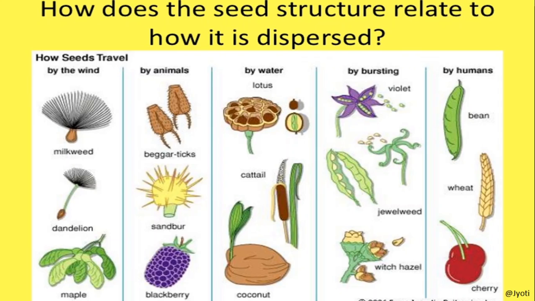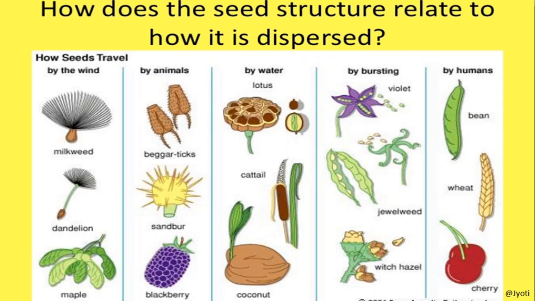Actually these are the seeds or fruits of some plants which have a hook-like or spine-like structure, by which they stick to our cloth, and when we remove them, they get dispersed.